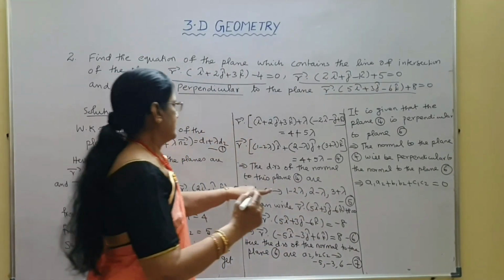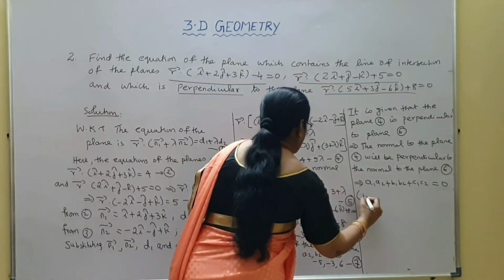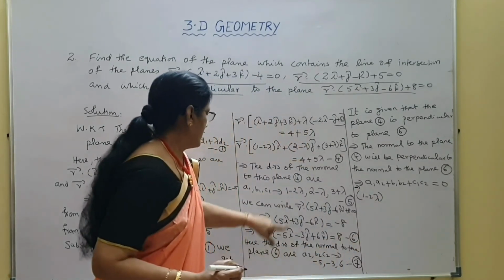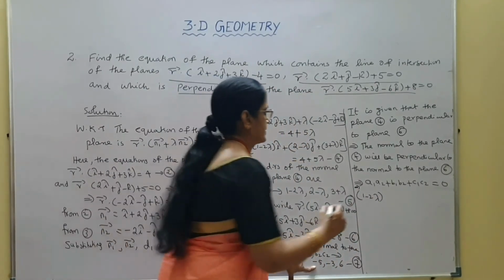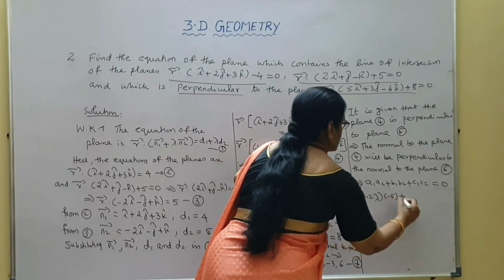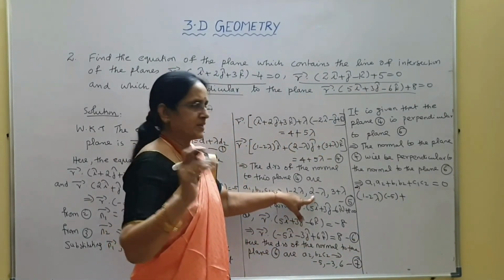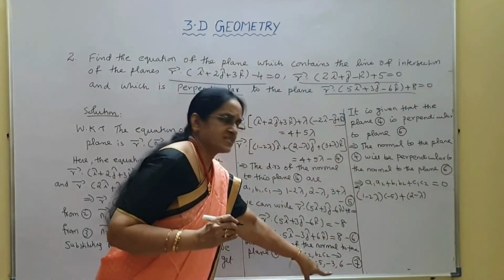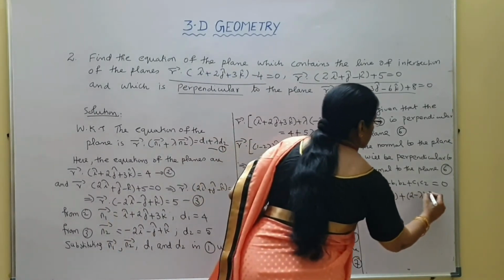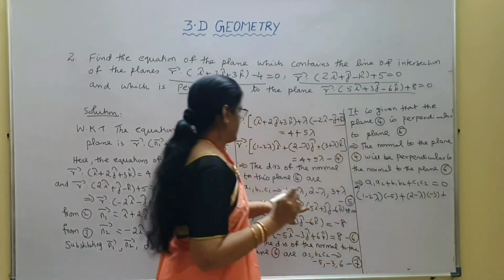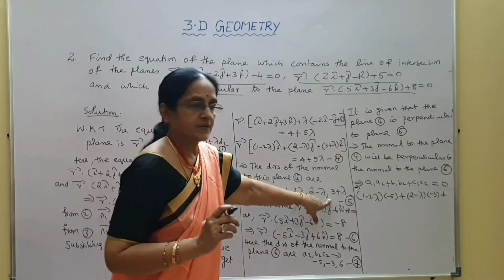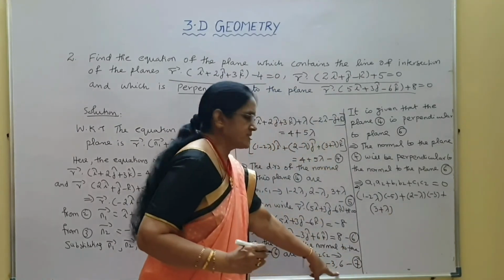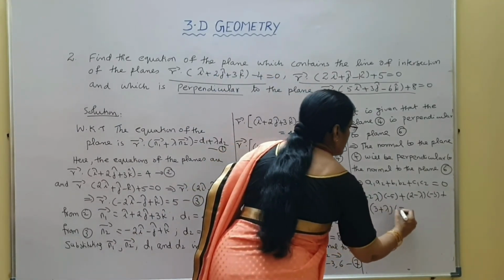We will be getting 1 minus 2 lambda into A2, which is minus 5, plus B1, which is 2 minus lambda, into B2, which is minus 3, plus C1, which is 3 plus lambda, into C2, which is 6, should be equal to 0.